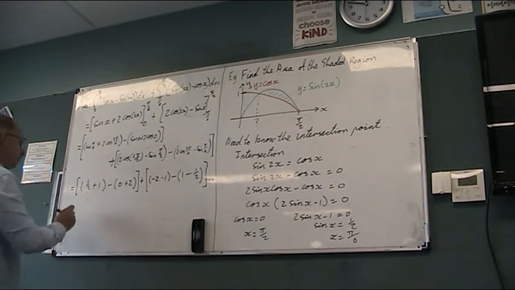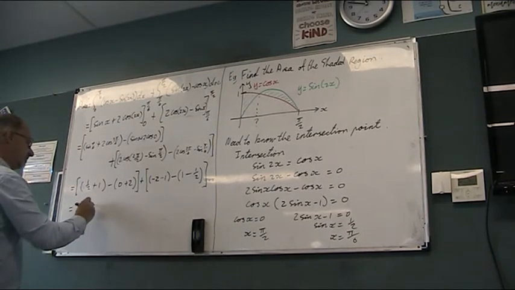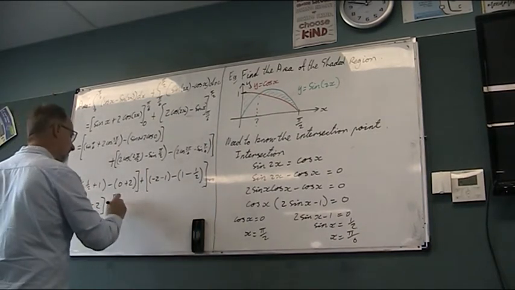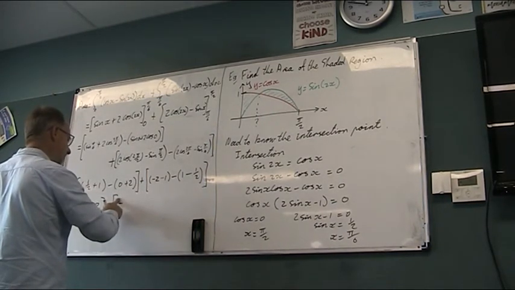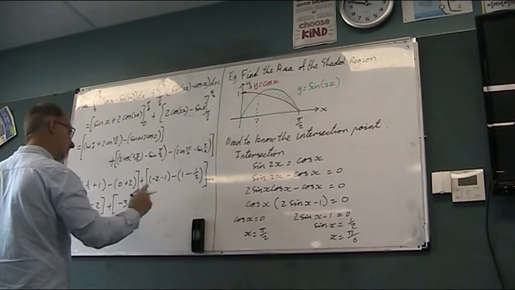Alrighty, then what do we got? 3 over 2 minus 2, negative 3, minus a half.